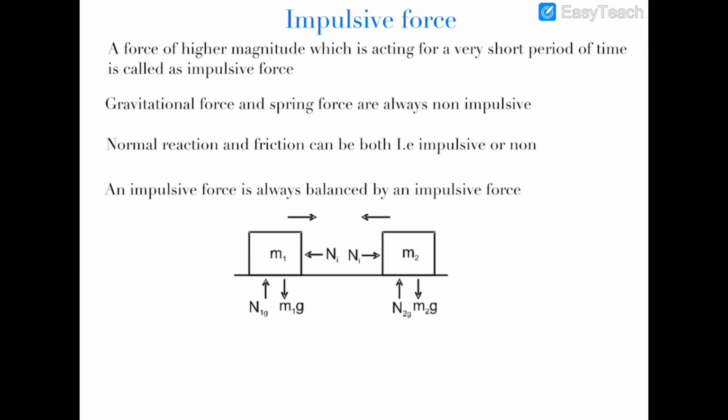There is no change in the magnitude of the normal reactions N1g and N2g by the impact, so they would remain constant always, and they would act continuously. So the impulsive force in this case is the impulsive normal reaction Ni. This is impulsive, and the normal reactions N1g and N2g are non-impulsive.